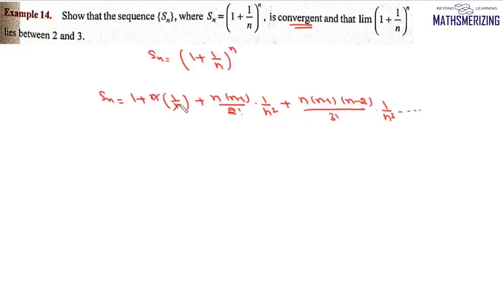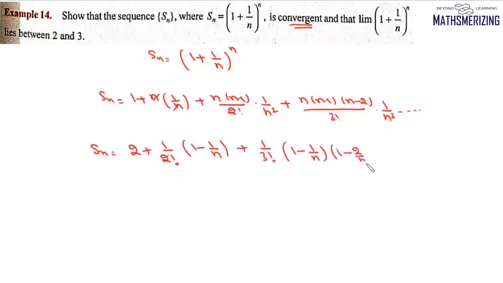Now here n and n will cancel. So we can write this S_n as 2 plus 1 upon factorial 2 (1 minus 1 by n) plus 1 upon factorial 3 (1 minus 1 by n)(1 minus 2 by n), and then the series continues.